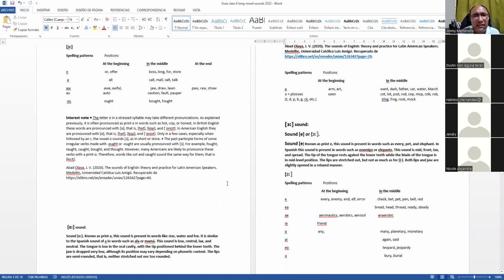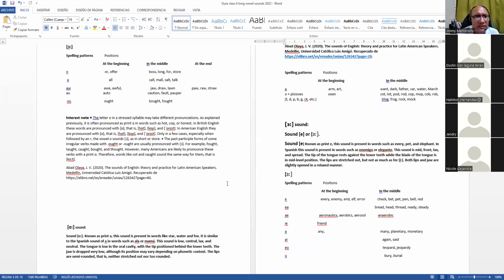Here we have an interesting note. It says the letter O in a stressed syllable might take different pronunciations. As explained previously, it is often pronounced as the open A in words such as hot, cop, or honest. In British English, these words are pronounced with a different vowel.